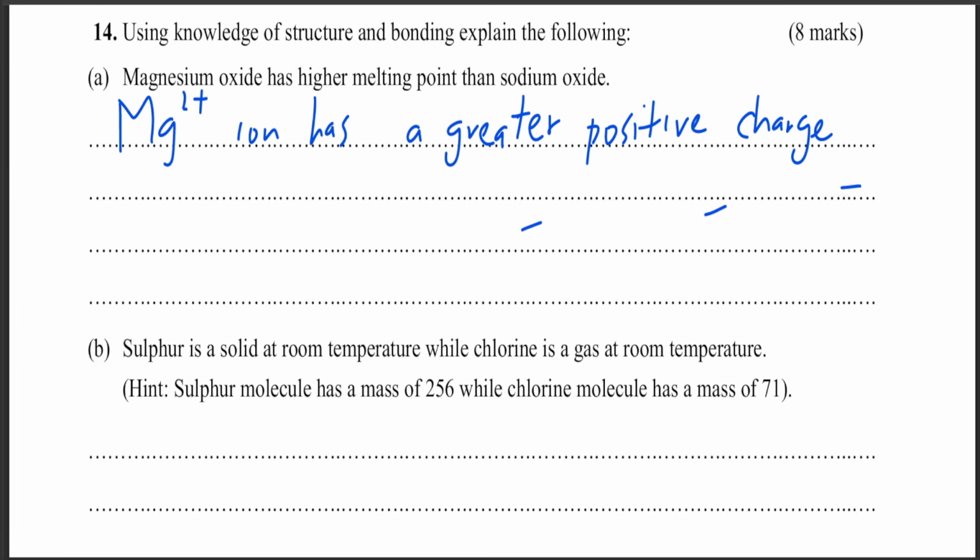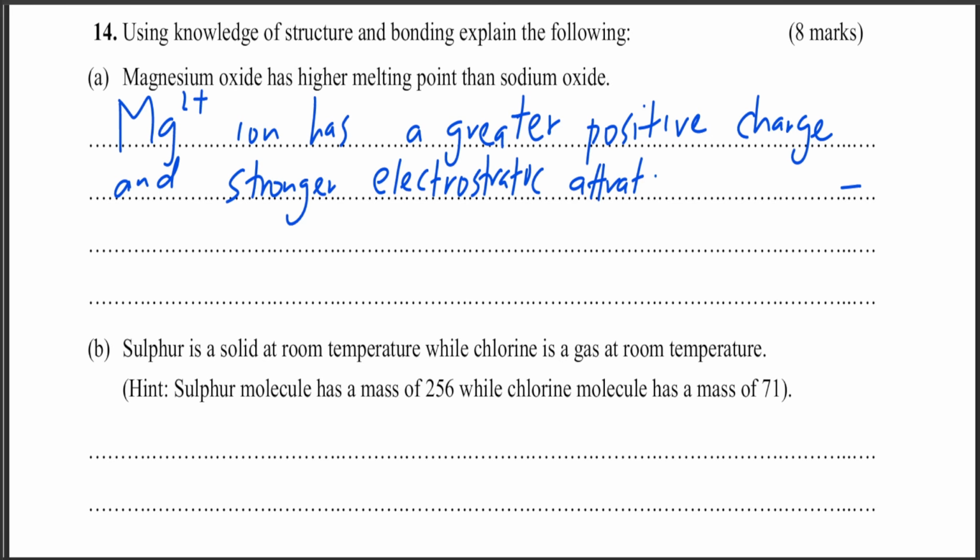So if you have a greater positive charge, it also means you're going to have a stronger nuclear force of attraction, stronger electrostatic attraction, or stronger ionic bond, because the bond is what usually brings them together, the ionic bond to the oxide ions.